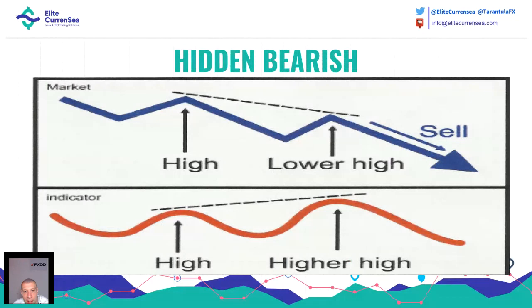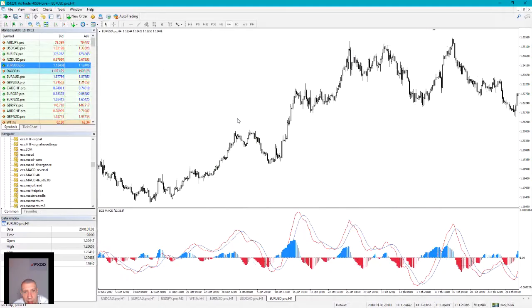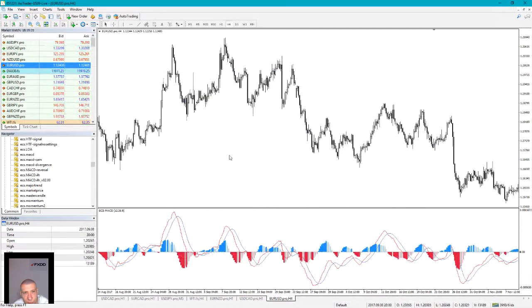Lower high, higher high, I don't see it. No. Well, higher high, but we don't have a lower high. Okay, we are scanning. Almost, yeah, almost.